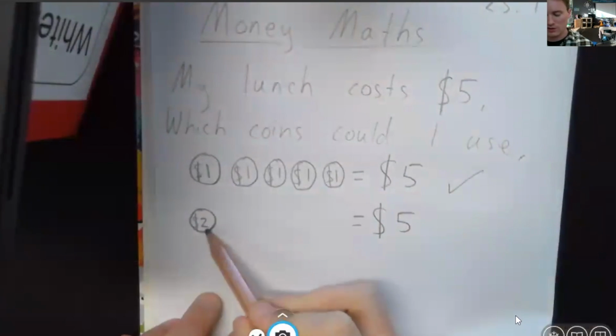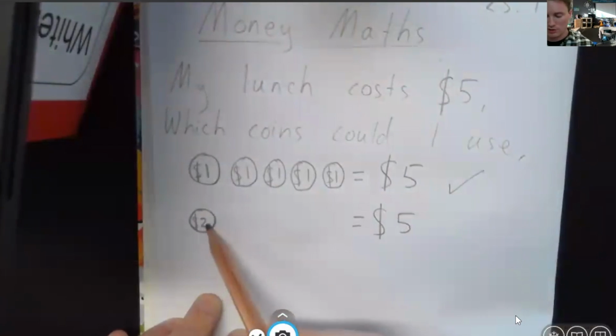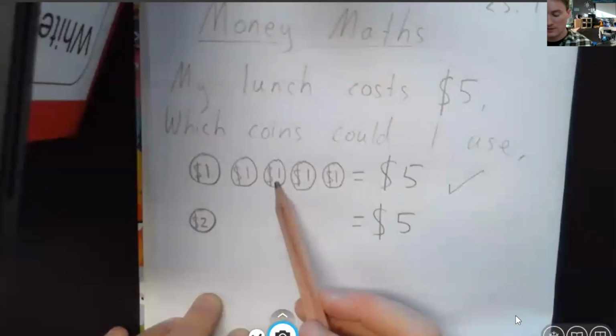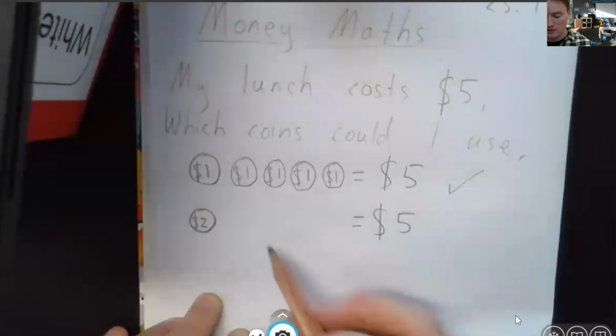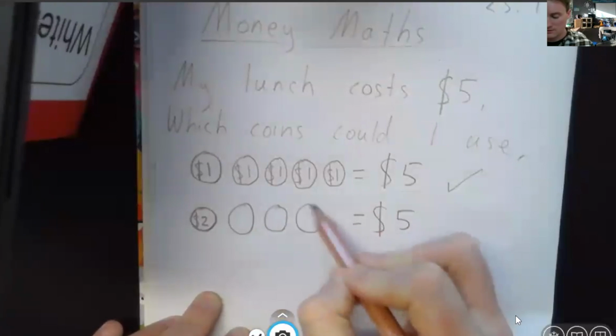But we've got $2 there, but we still need a few more dollars to get to 5. What you could do is you could go, well, $2 plus 1 is 3, plus another is 4, plus another is 5. Okay, well, you could do that. There you go.